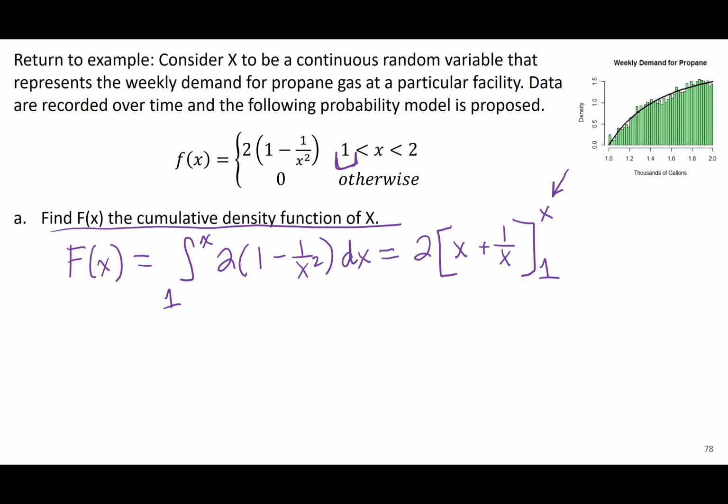So if I want to do this, it's just going to be 2 times x plus 1 over x, minus 1 plus 1 over 1. So minus 2 here.